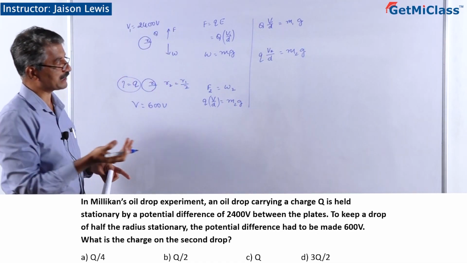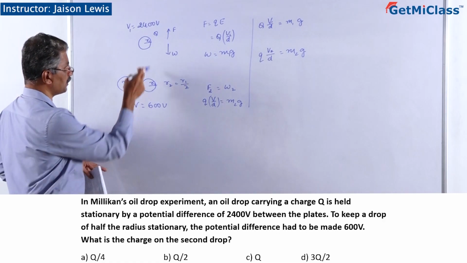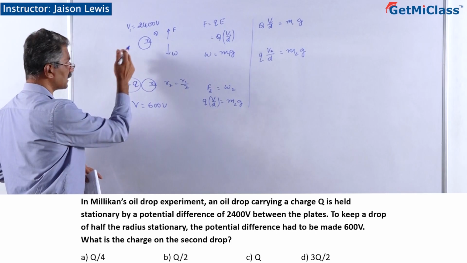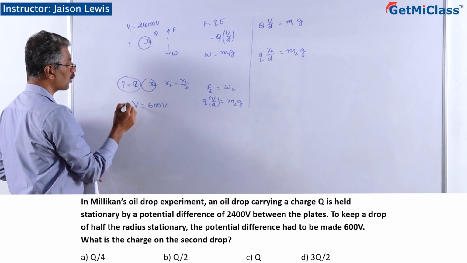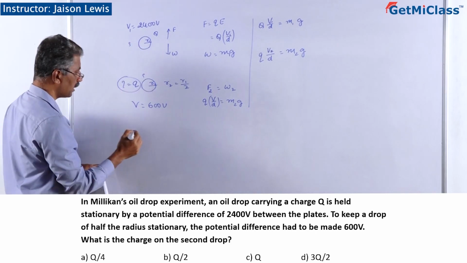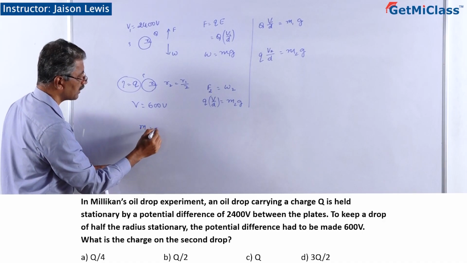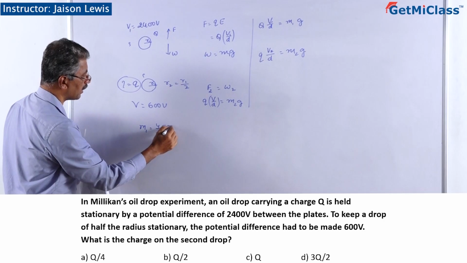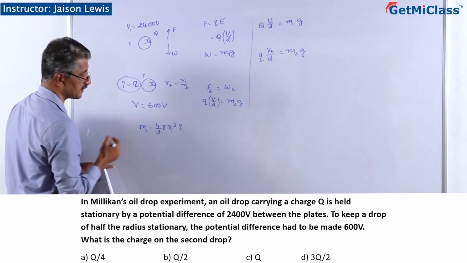Now what is the comparison of m1 and m2? m1 is the mass of the drop which has radius R1. If I say the density of oil is rho, then m1 can be written as volume 4 by 3 pi R1 cube into density.